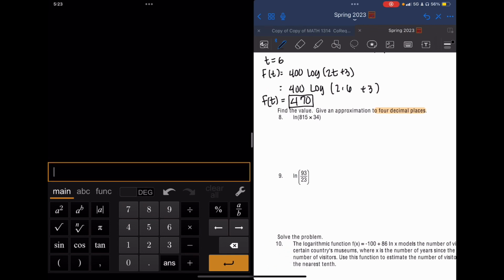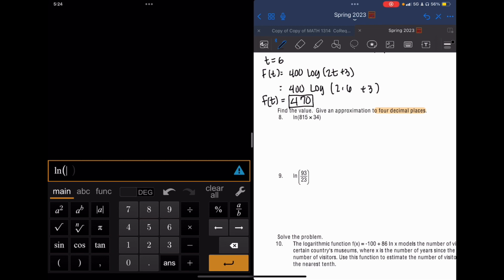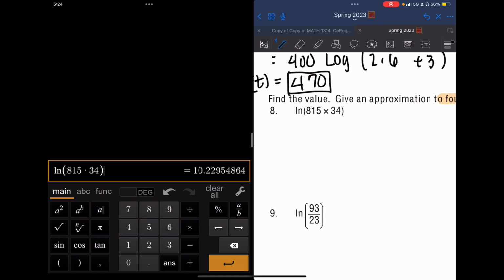You're going to go into function. ln is to the left of the log button, so it's ln, parentheses, 815 times 34, and that's going to give us 10.22958. So 4 decimal places, 10.2295.